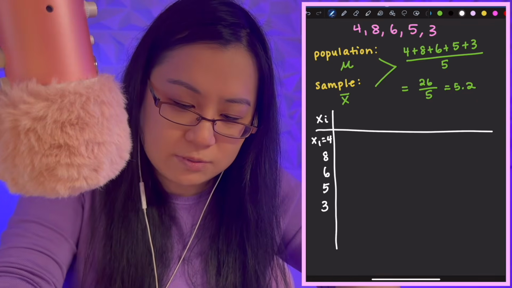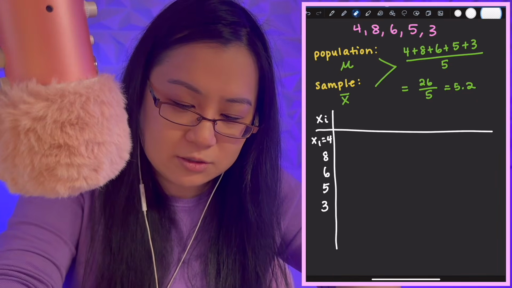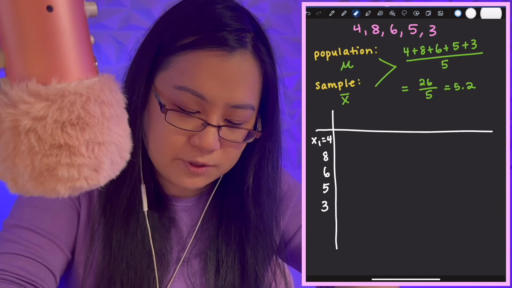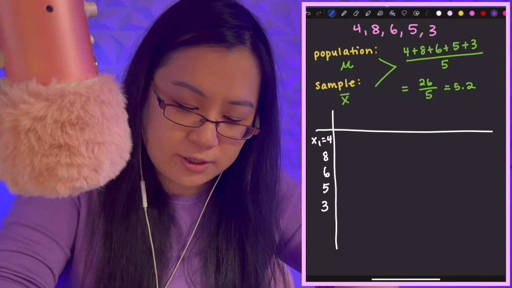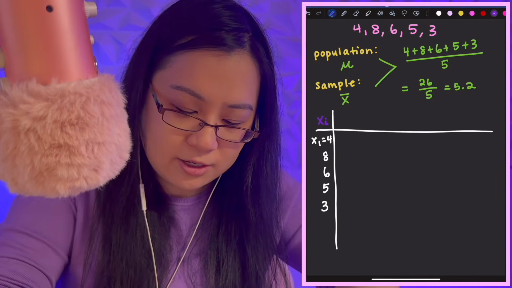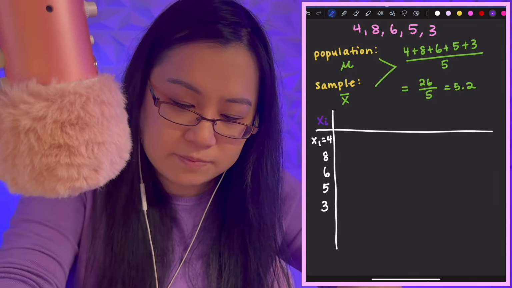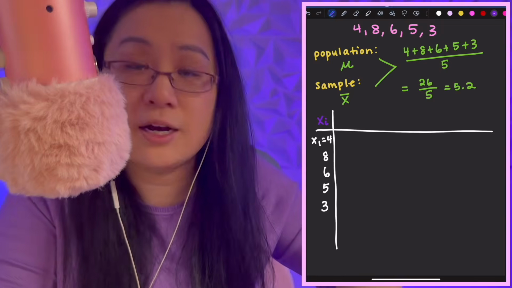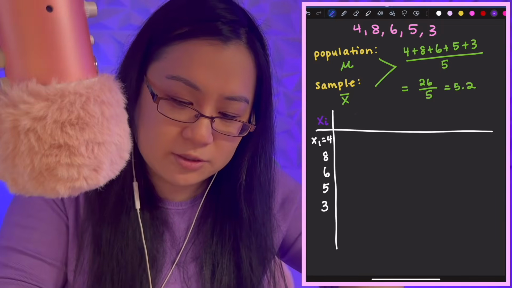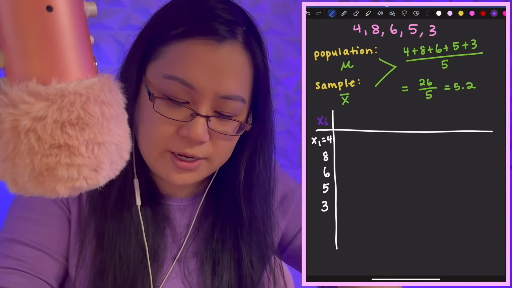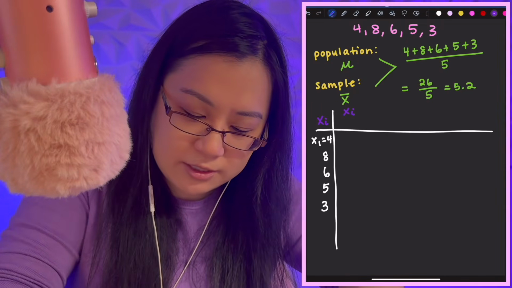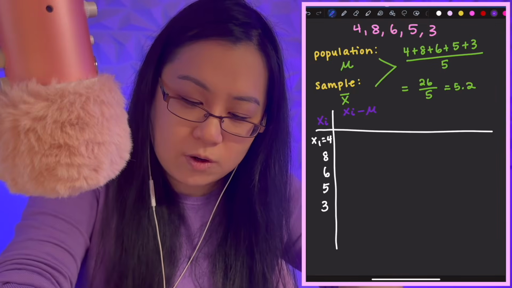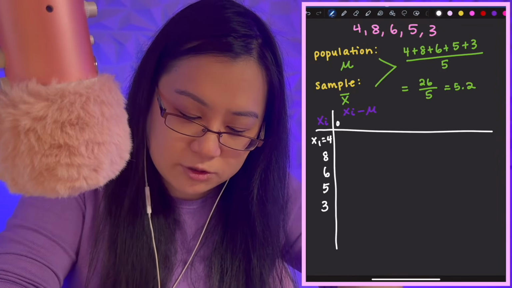So let me actually go ahead and make this a little more clear here. So this is xi, and then the next one is going to be xi minus the average, right? So xi minus mu, or xi minus x bar, and you'll just pick whichever situation applies.